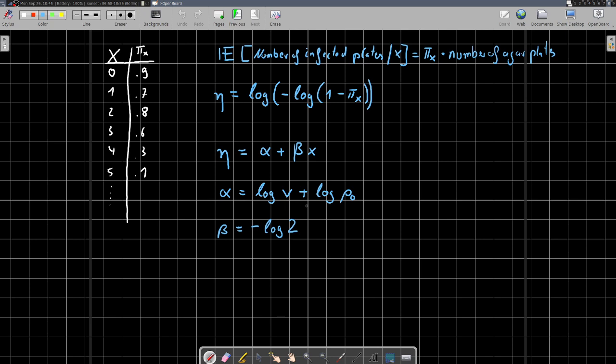So this illustrates a nice way how we can build a generalized linear model based on some initial assumptions about the system we wish to model.